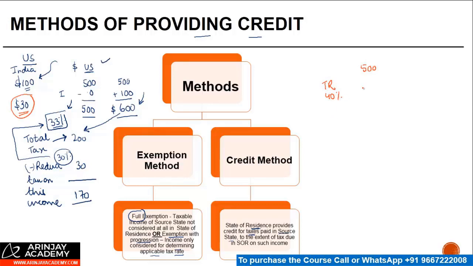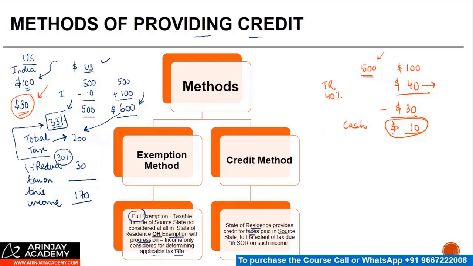Out of this 500, there is no credit which is available, but if you include the $100 which you have earned from India, the tax on that will be $40. Against this $40 of taxes which are to be paid, a credit will be given for $30 for the taxes paid in India, and therefore the cash taxes to be paid in the US is going to be only $10.